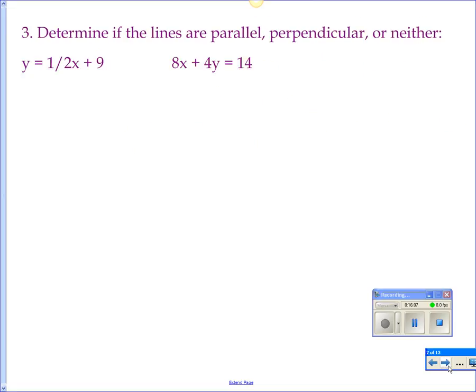All right, number 3, determine if the lines are parallel, perpendicular, or neither. Gracie, do I have to do anything to this one? What is my M, Gracie? 1/2. M is 1/2. Allison, do I have to do anything to the other one? Yes.